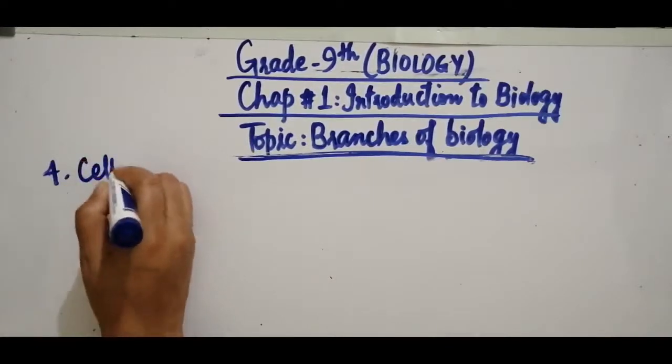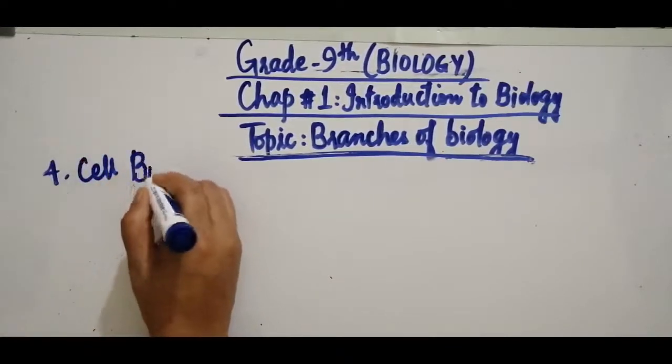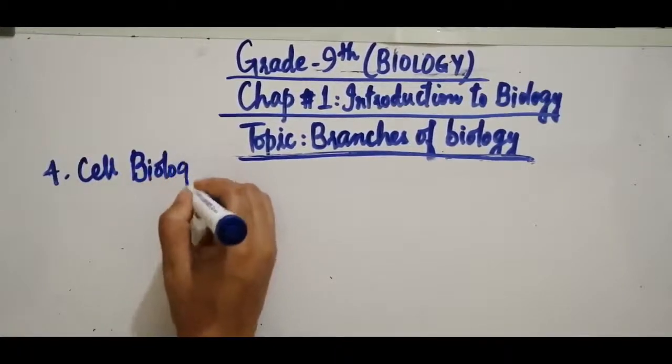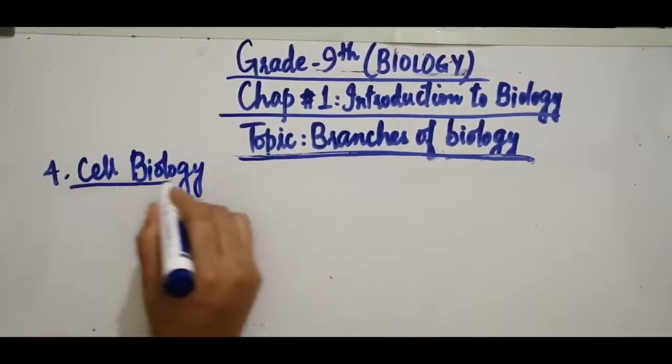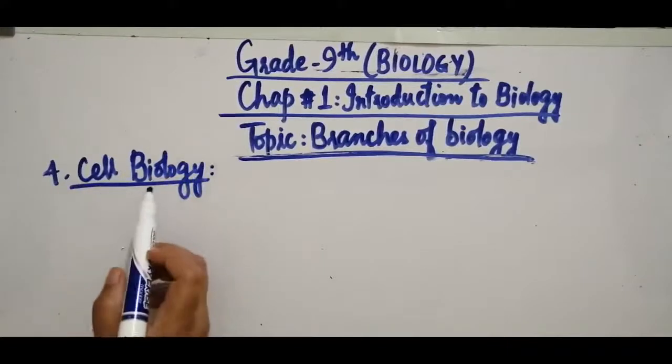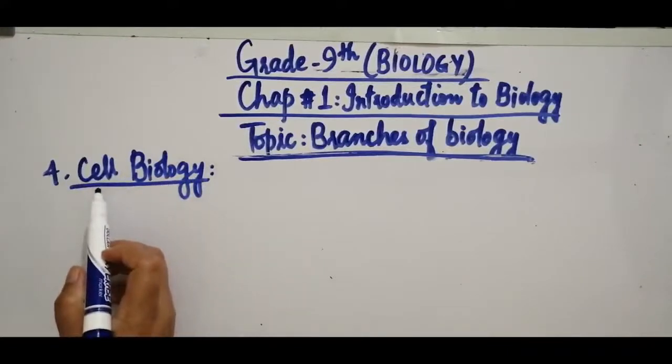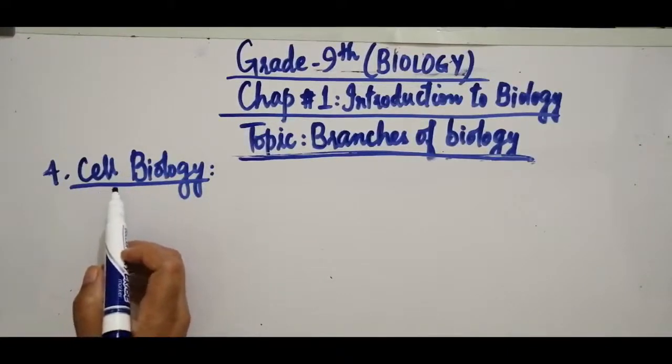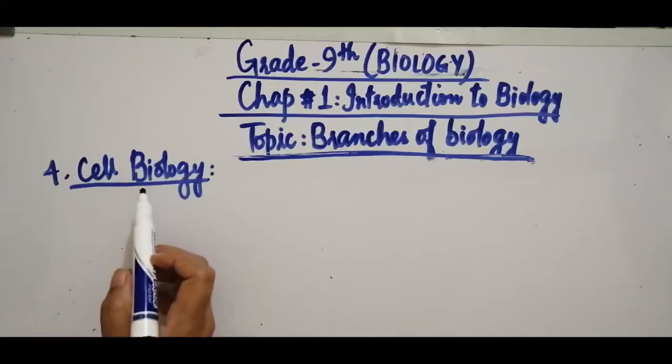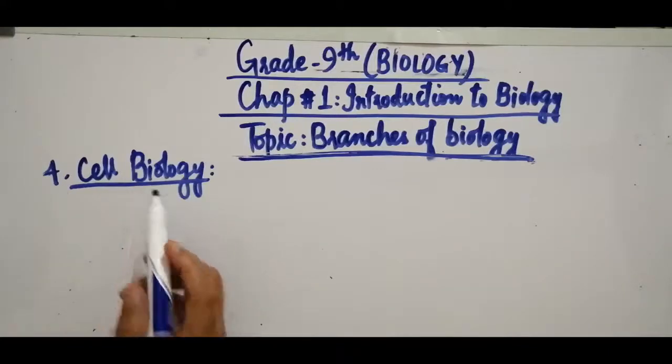Now the further branches are being discussed in this way, that the fourth branch is cell biology. Now what is cell biology? Actually, cell biology is related to the cell. So we are going to study about the cell in cell biology.